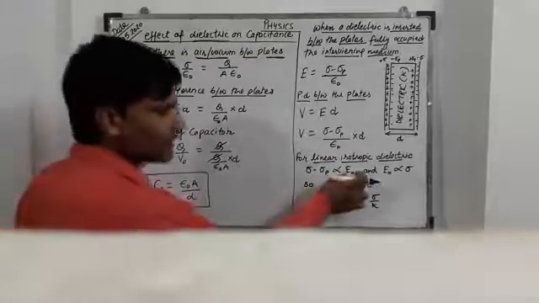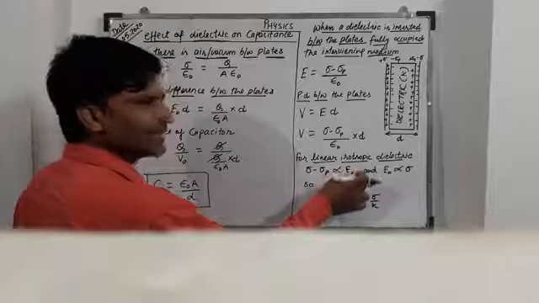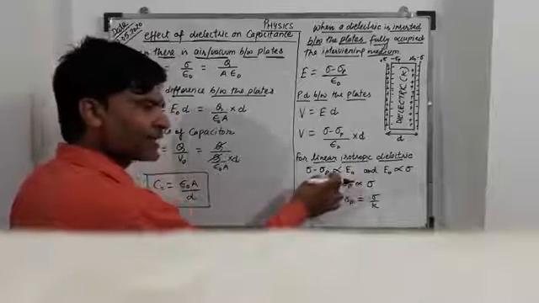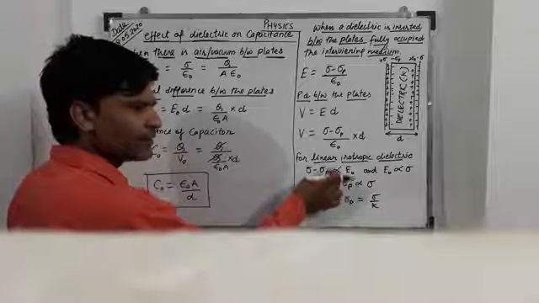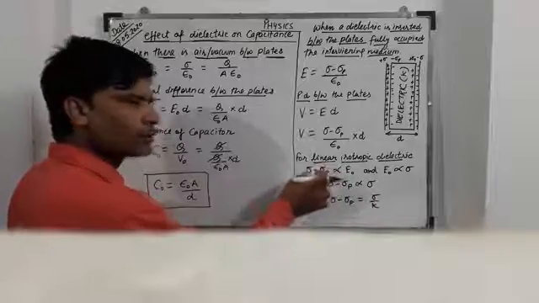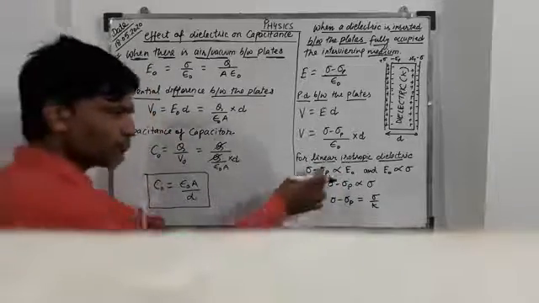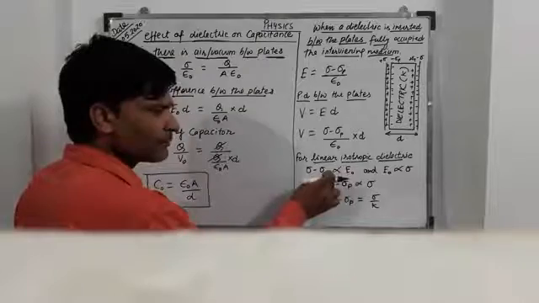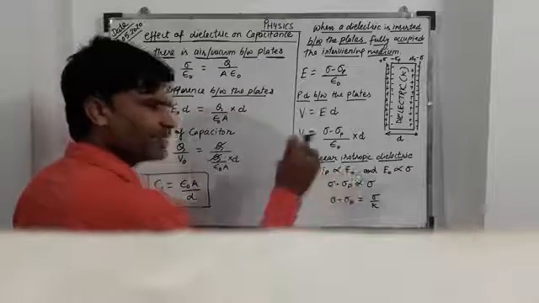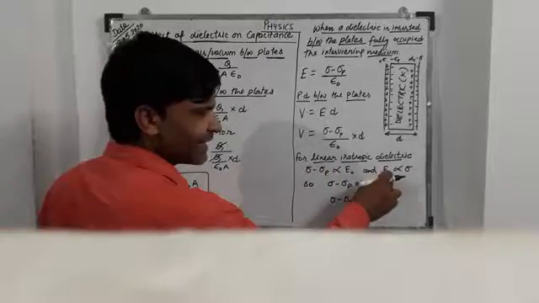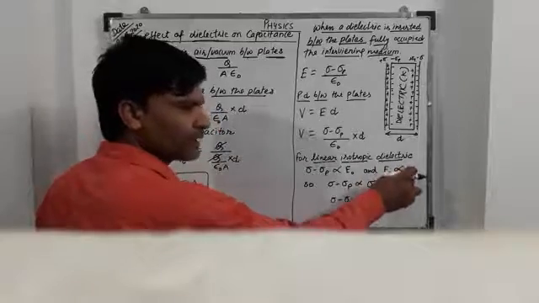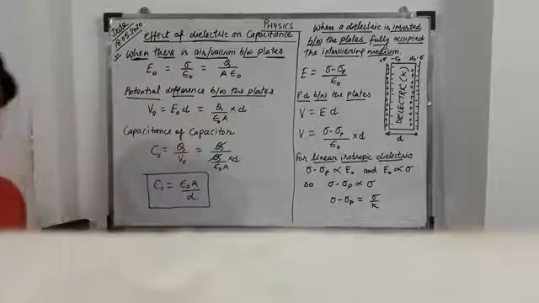It means if we increase the electric field, then polarization also increases, so the surface charge density also changes. Then sigma minus sigma p varies with the electric field, and the electric field varies with surface charge density.